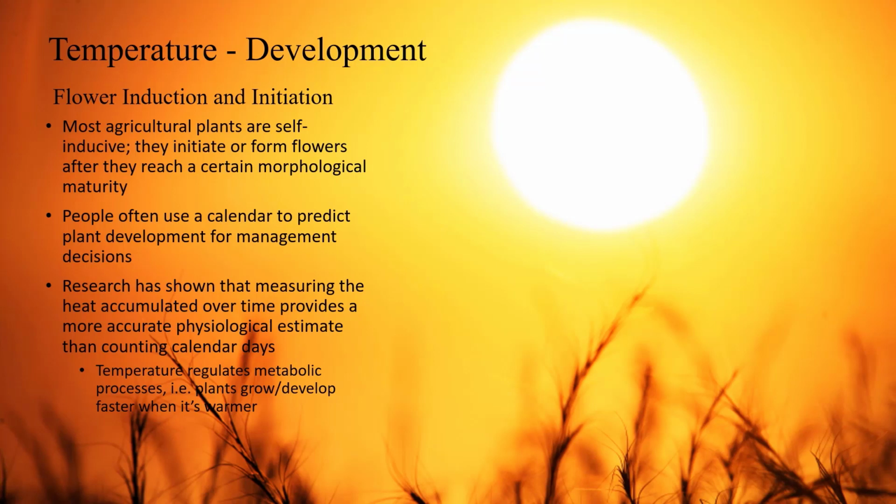And when we start looking at plant development and reproductive growth and development, we will see that we have developed something referred to as growing degree days, which is a measure of heat that a plant has accumulated over the course of the day, and we can utilize that to better track where our plants are in their developmental cycle, right?